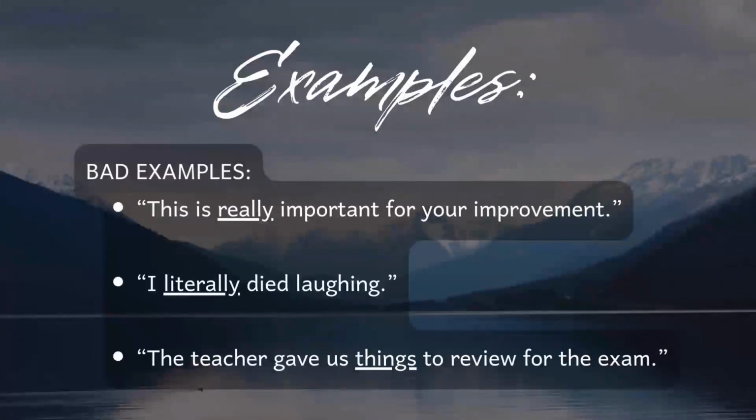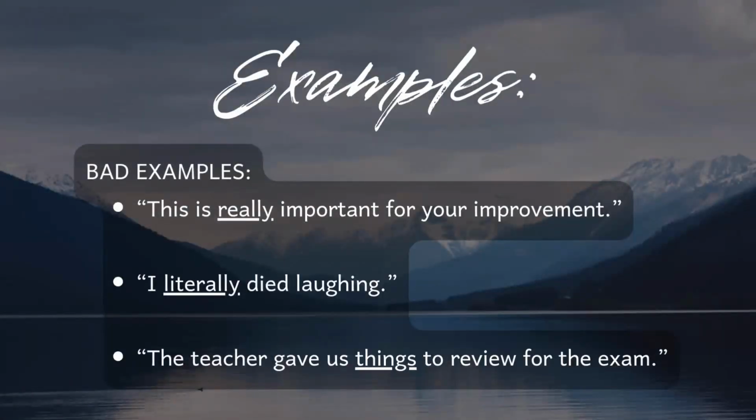Let's take a look at some bad examples. So with that in mind, here are the 3 examples. Please feel free to pause the video right here if you need to. So these are the sentences with filler words, which add absolutely nothing to the message's meaning. So in the first 2 examples, we see really and literally underlined.